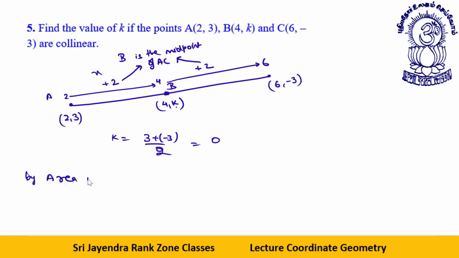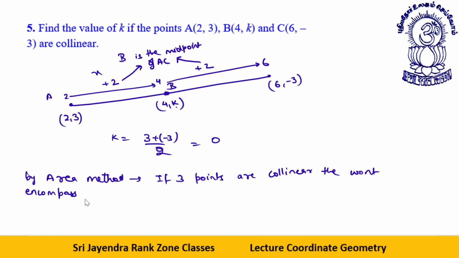Let's solve the question by the area method. What does the area method say? If 3 points are collinear, they won't encompass any area. They won't form a triangle.